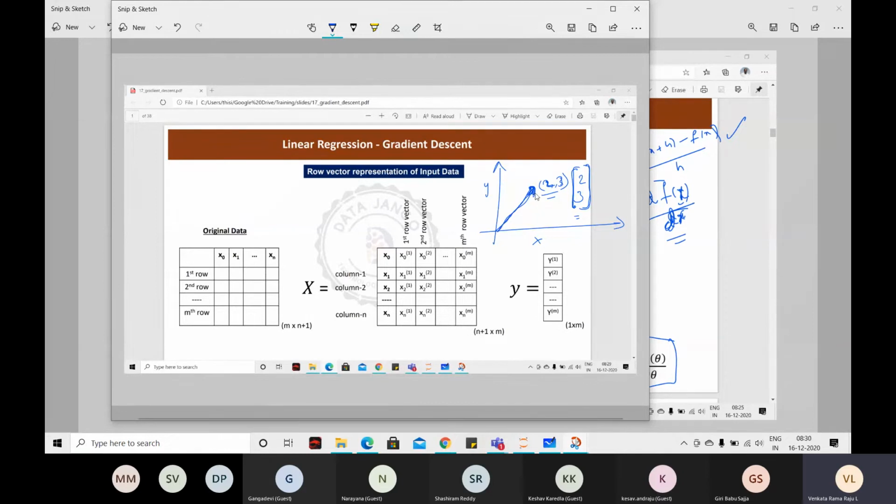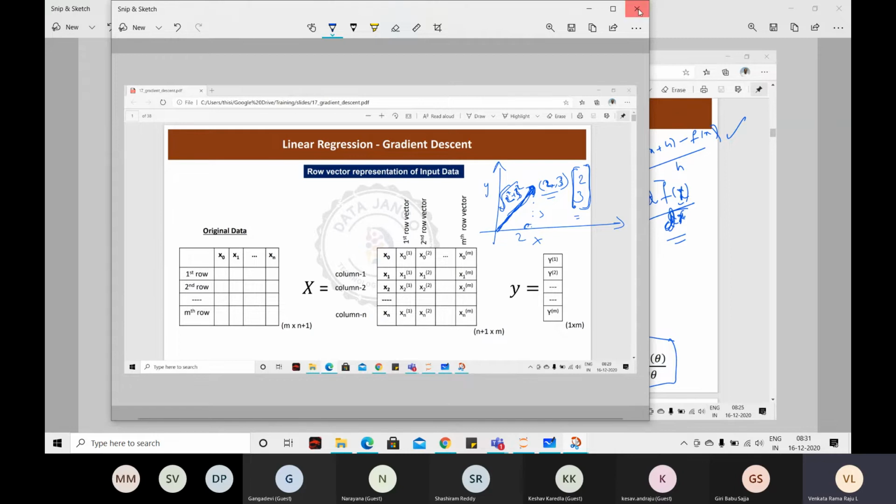How do you calculate magnitude? Square root of 2 square plus 3 square is the magnitude. Pythagoras theorem: this is 2, this is 3, this is a right angle triangle, so it is going to be square root of 2 square plus 3 square. Got it? So this is called a vector.